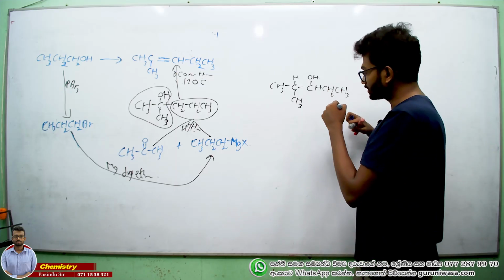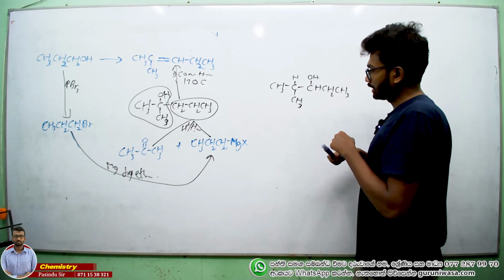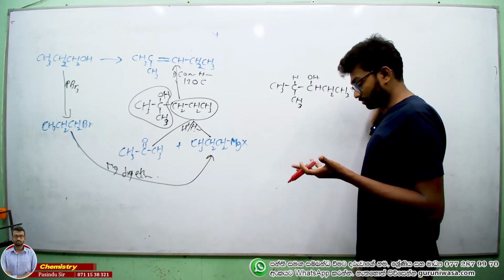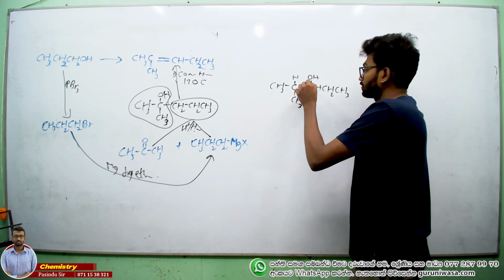Then which part is the Grignard part? This is the part of Grignard, right?